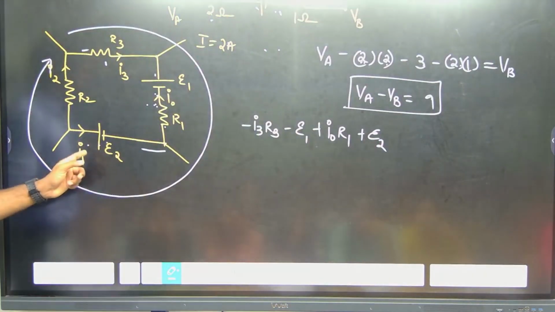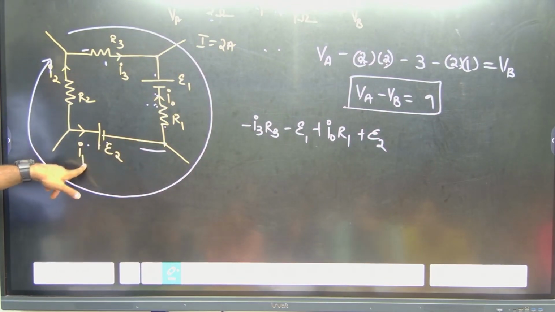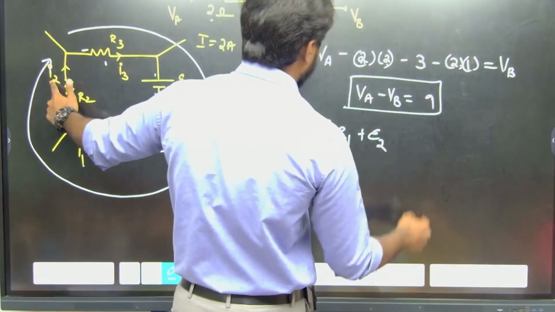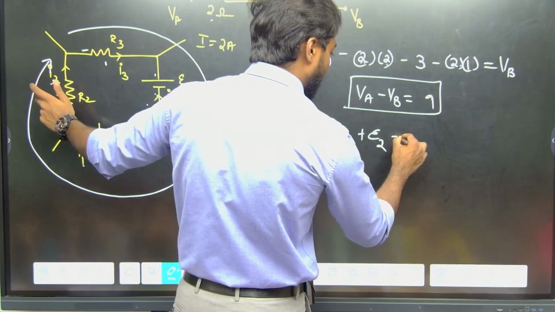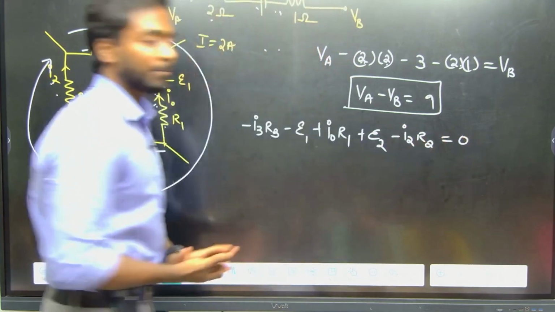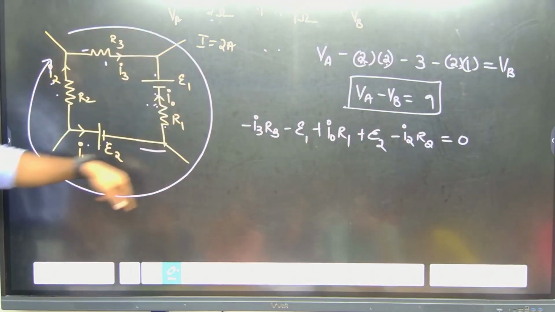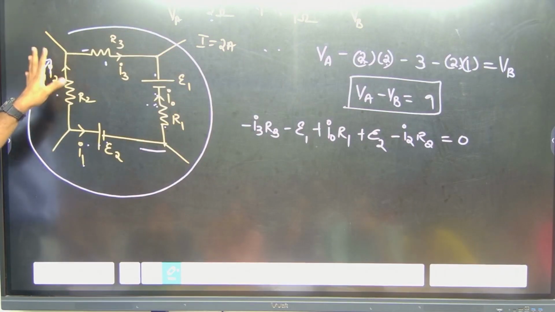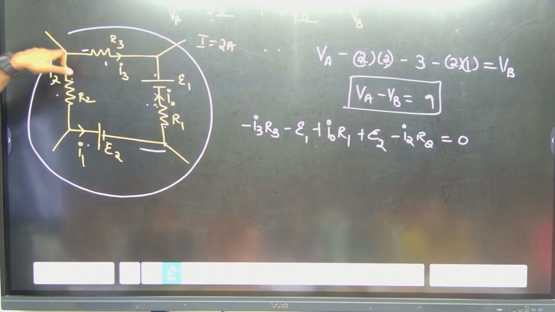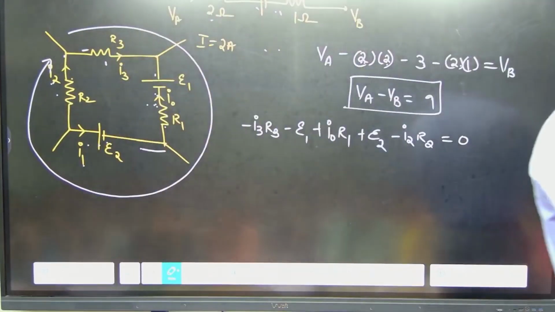They have given the current direction, no use of that for me right now. If there is a resistance, I can take the current direction. Again I am going through a resistance in the direction or opposite direction, minus I2 R2 should be equal to 0. That's it. Closed path I have taken. I can start with any point. So I have started here, going in this direction and coming to the same point. So this is my equation. Take down.